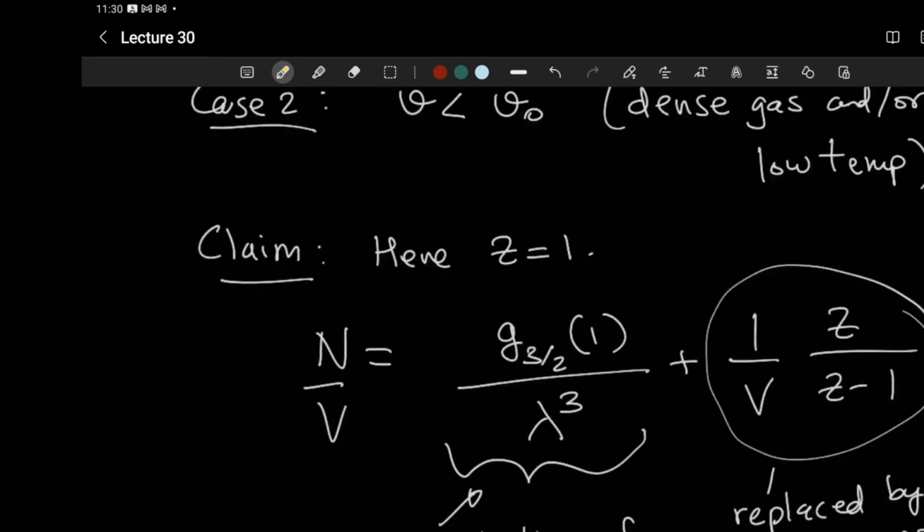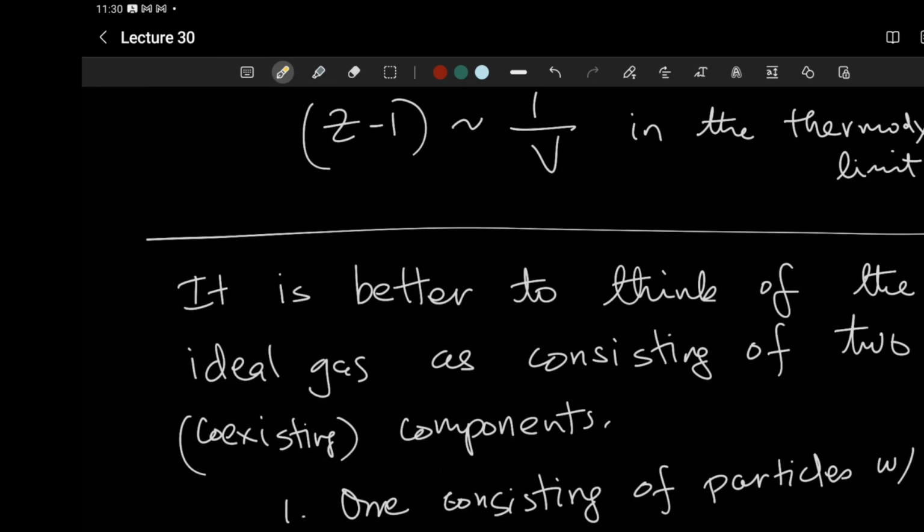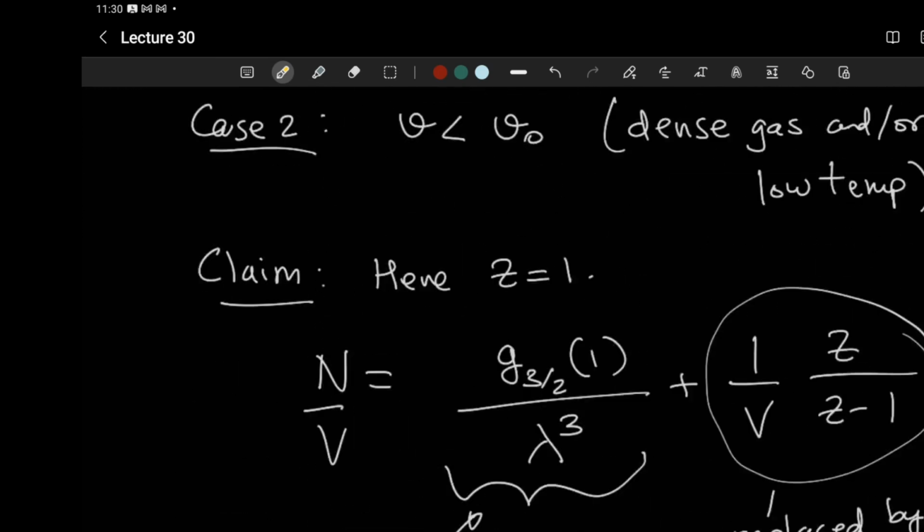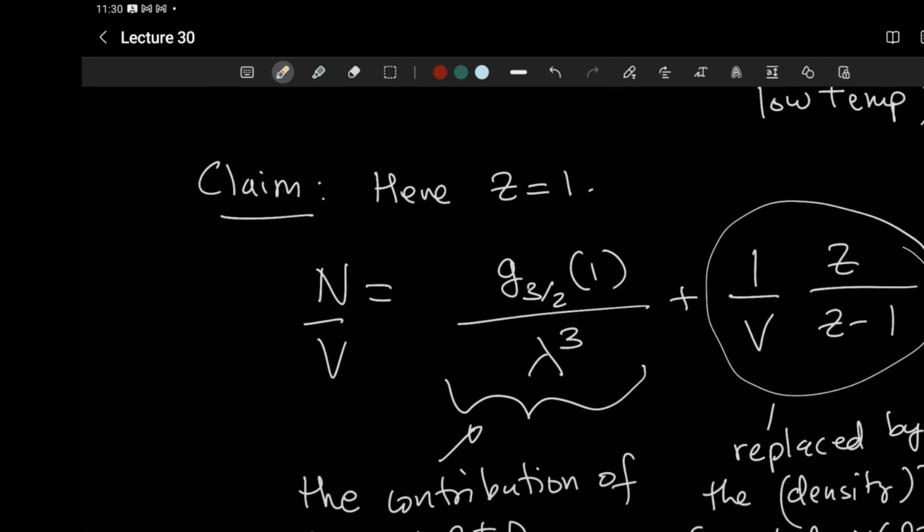Now, the number of particles in the ground state is fixed by this equation. This is not the number of particles, it's the number density, and the number density is fixed. So I can write it as N naught by V, where N naught is the number of particles in the ground state.